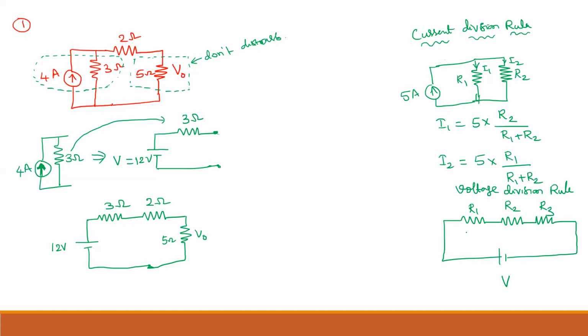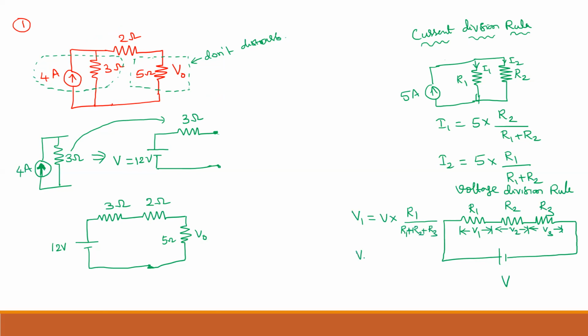If I want to know the voltage across R1, I will take V1, across R2 I will take V2, across R3 I will take V3. V1 is nothing but the total voltage into the resistance across which we take the voltage, that is R1, divided by the total resistance, R1 plus R2 plus R3.